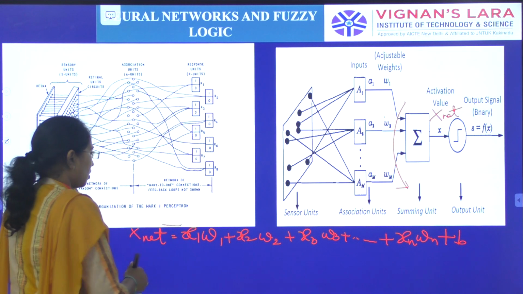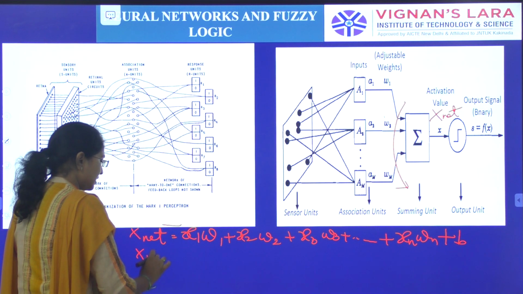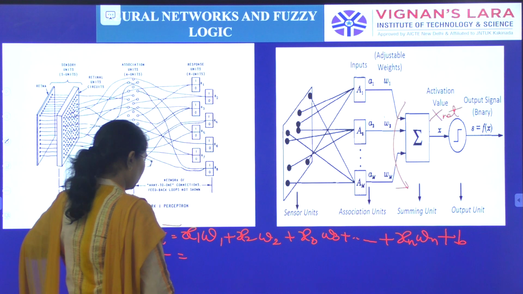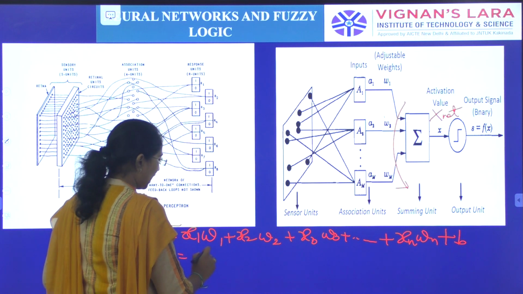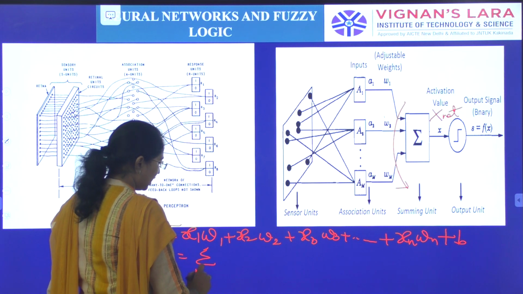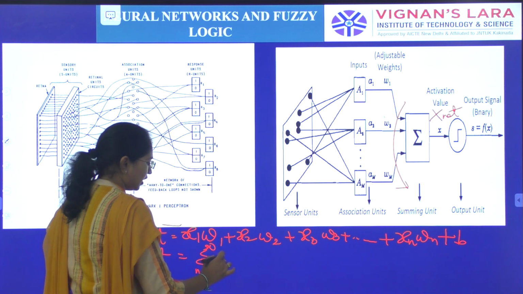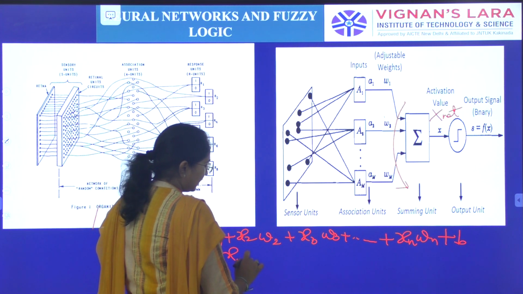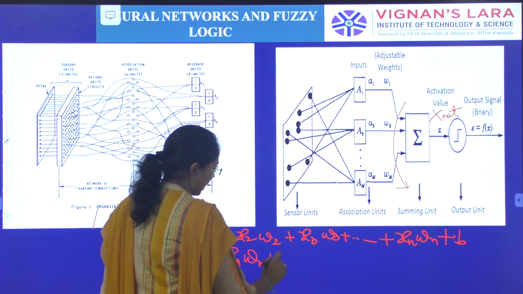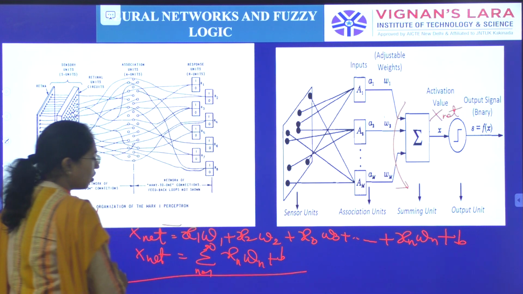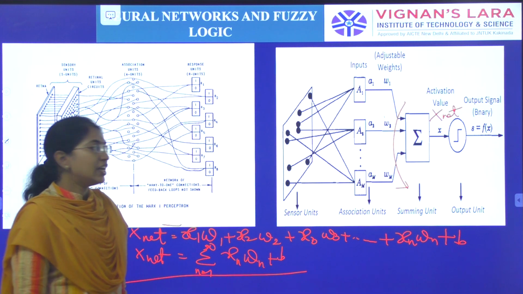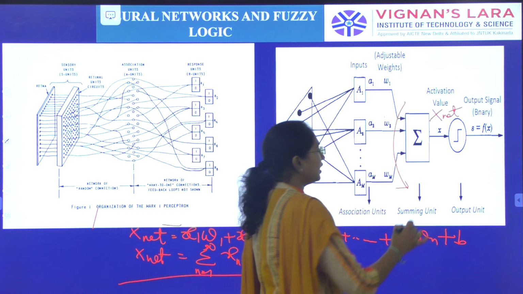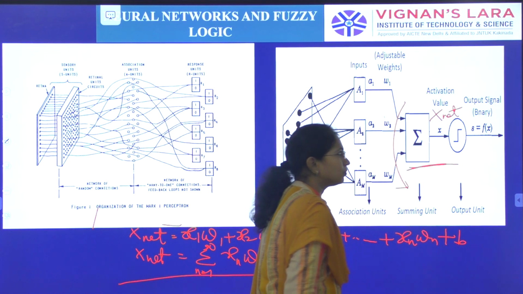This can also be written as xnet is equal to summation, n is equal to 1 to infinity, of xn wn plus a bias value of b. This is the output at the summation block.